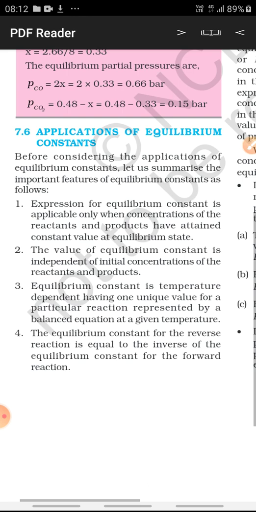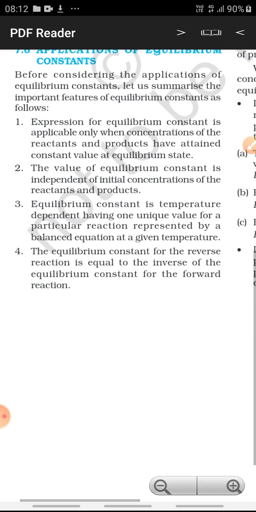Number two: the value of the equilibrium constant is independent of the initial concentration of reactants and product. That means the value of Kc depends upon the equilibrium concentration. Whatever be the initial concentration, it does not depend. Third: the equilibrium constant is temperature dependent. That means it has one unique value for a particular reaction represented by the balanced chemical equation at a given temperature.